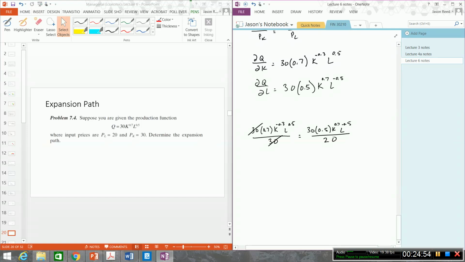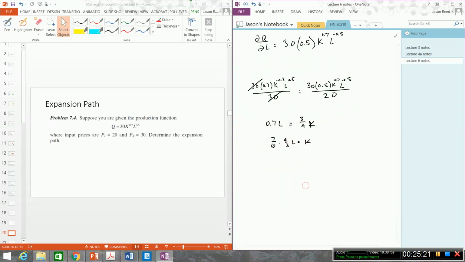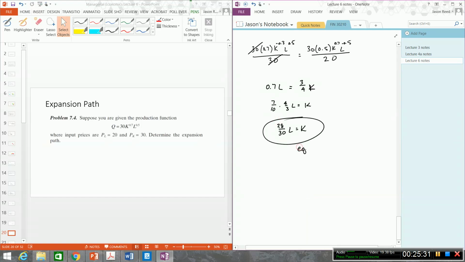We notice that we can rewrite this as 0.7 L is equal to 3/4 K. So that we can rewrite this again, so that we have 7/10 times 4/3 L is equal to K. So that we have 28/30 L is equal to K. So this is the equation of the expansion path. Good.